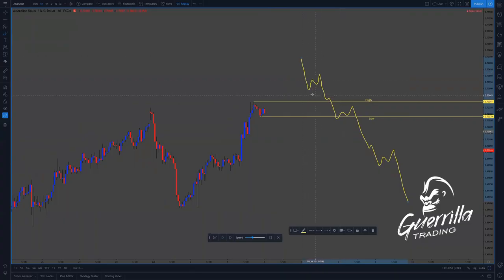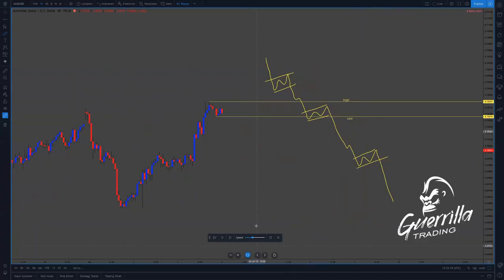You get an impulse, a continuation pattern, another impulse, another continuation pattern, another impulse, and another continuation pattern. This is a trend. Now, how do we take advantage of this trend and make the most profit we can with very little risk on the table? Our goal is to minimize risk and maximize our potential of profit.